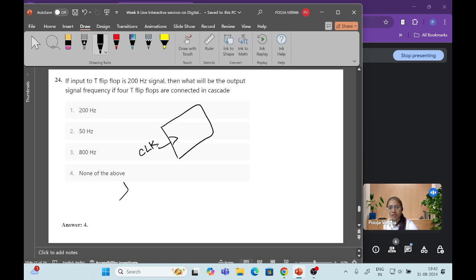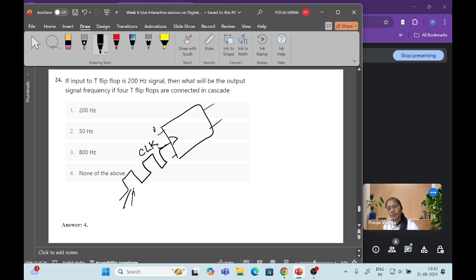This clock is a pulse, so it must have some frequency, right? Without frequency we can't give it. In J and K we are giving discrete values, either 0 or 1, but in the clock we are giving pulses, positive edge triggered or negative edge triggered. So that clock must have some frequency, right?